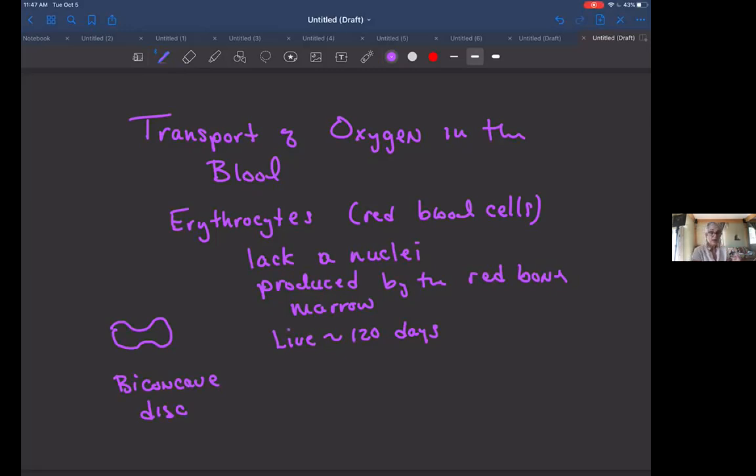So what the erythrocytes have, which causes them to be red, is hemoglobin. So they contain huge quantities of hemoglobin. Hemoglobin is our respiratory pigment.